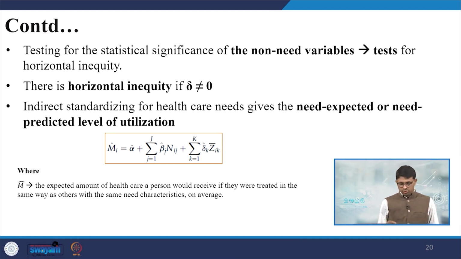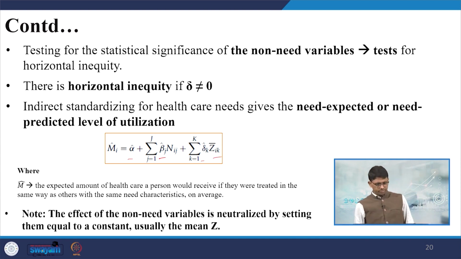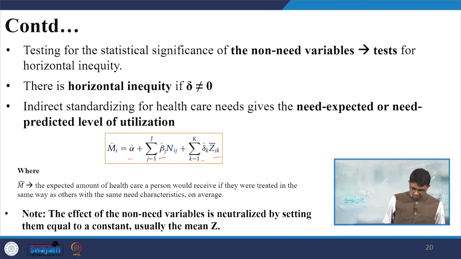So, for the expected value, similarly, we have also taken the hat in every case and controlled for the non-need variables. The effect of non-need variables is neutralized to predict the impact of need on the healthcare requirement for healthcare access, okay.